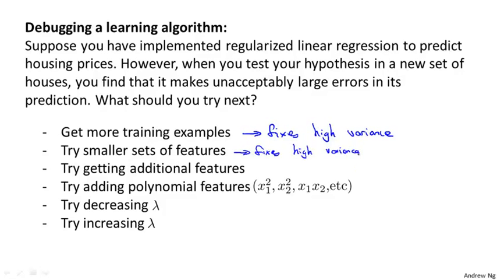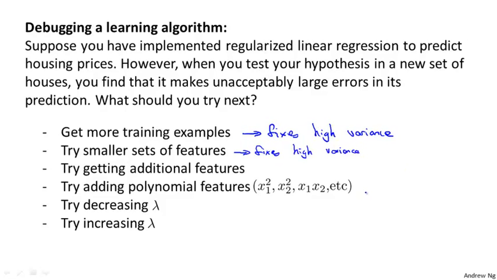In other words, if you figure out by looking at learning curves or something else that you instead have a high bias problem, then for goodness' sake, don't waste your time trying to carefully select out a smaller set of features to use, because if you have a high bias problem, using fewer features is not going to help. Whereas in contrast, if you figure out that you have a high variance problem, then trying to select out a smaller set of features might indeed be a very good use of your time.